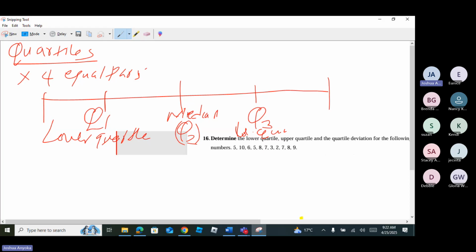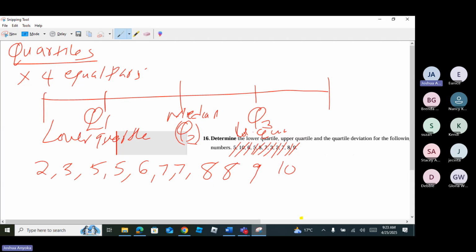So in ascending order, we have 2, 3, 5, 5, 6, 7, 7, 8, 8, 9, and 10.